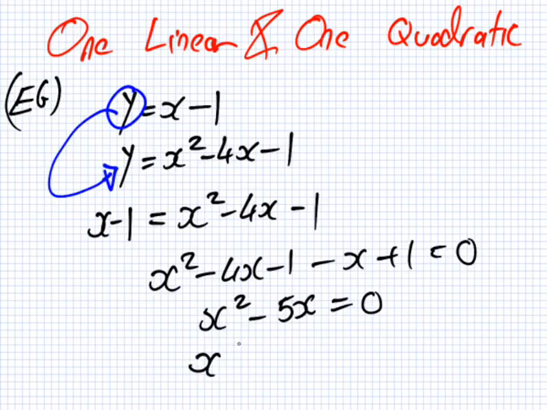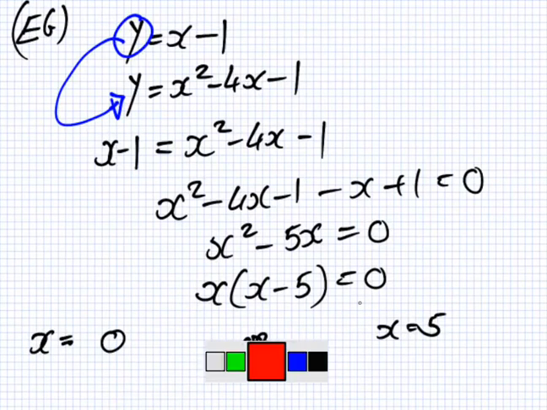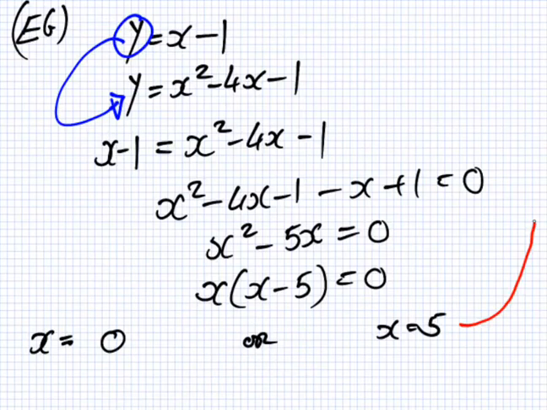So here's the first one. y equals x minus 1 and y equals x squared minus 4x minus 1. What's nice here is that this is already in y and this is already in y, so we could use any one.